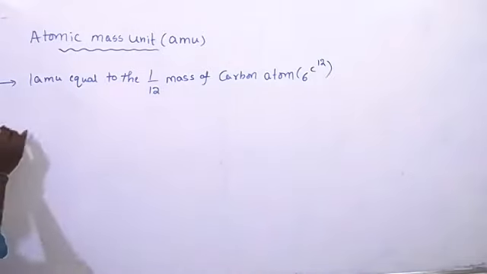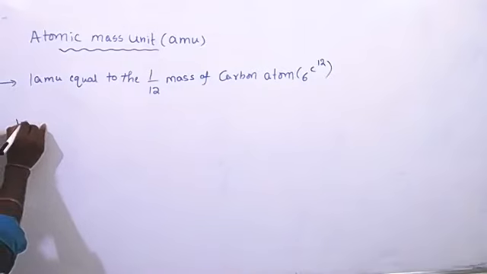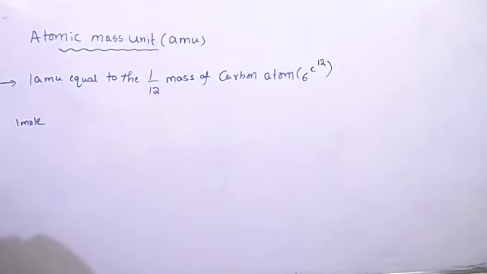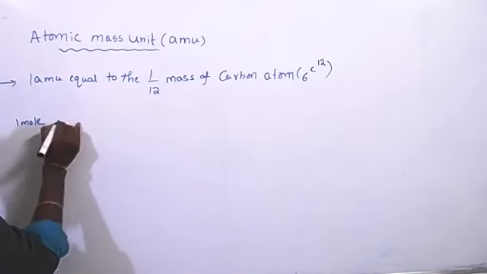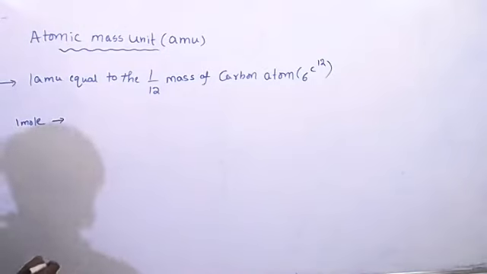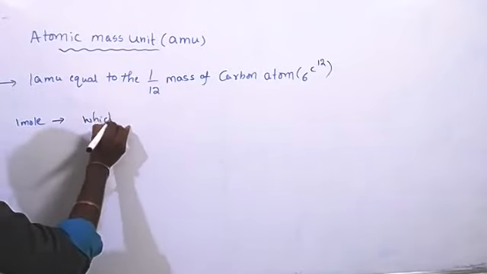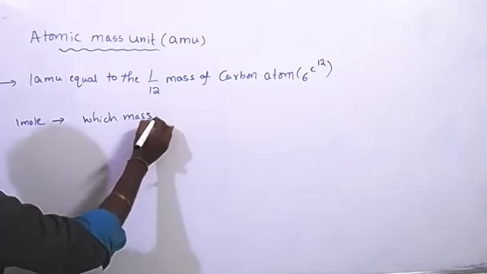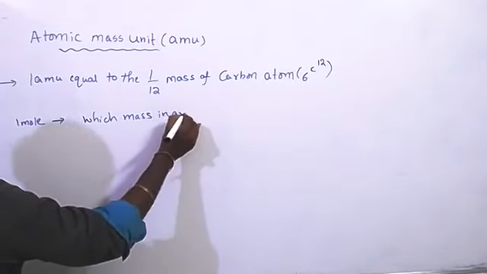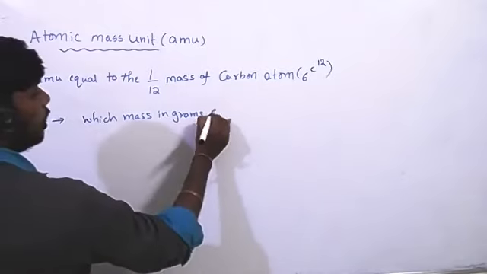So if you take 1 mole, what is 1 mole? Do you know what is 1 mole? 1 mole is the amount of the substance whose mass in grams is equal to its atomic weight.